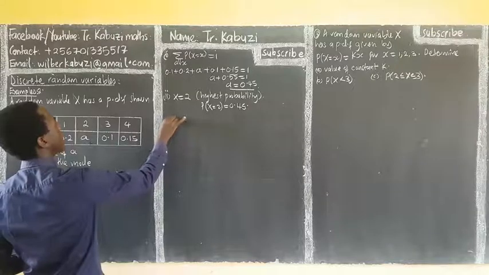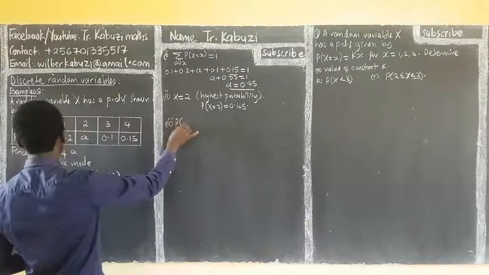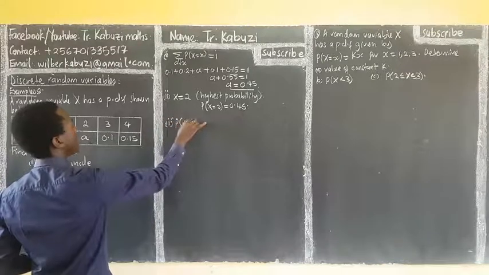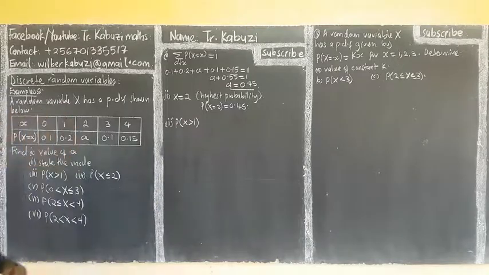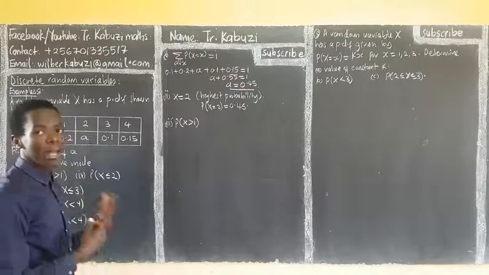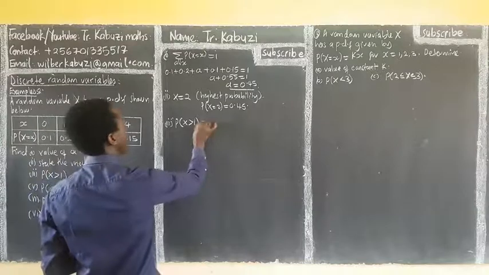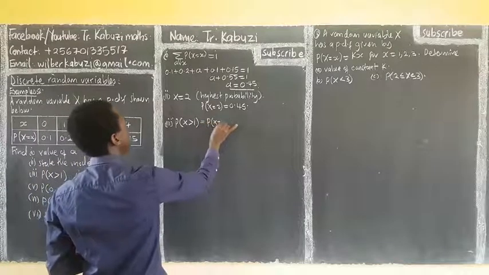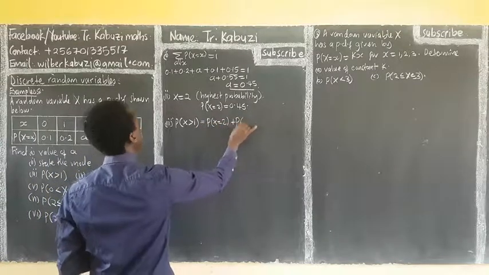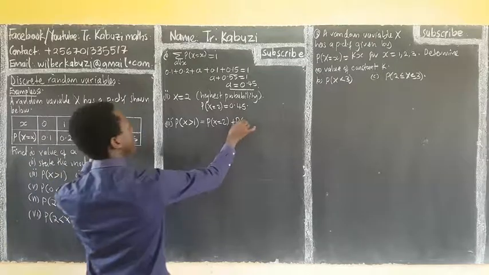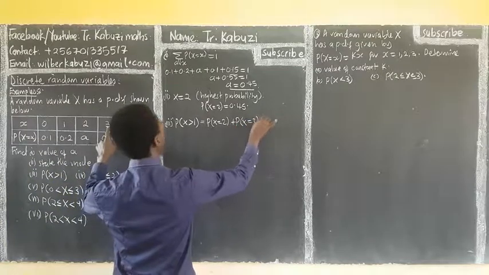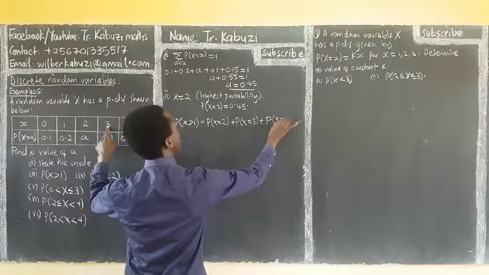Remember, we said here signs are very important. Probability when X is greater than 1. Greater than 1 means we start from the next integer. So this will be probability when X is 2, plus probability when X is 3, plus probability when X is 4.